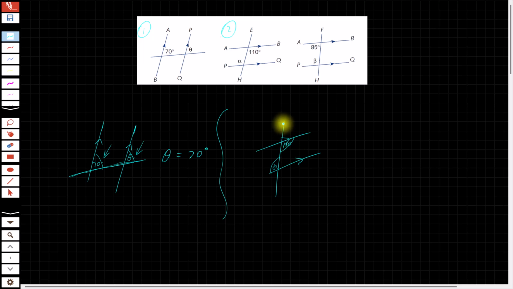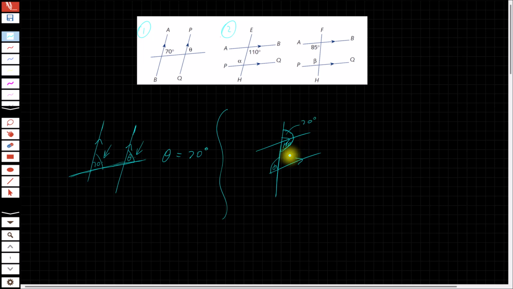We know that this is a straight line here. So if this is 110 degrees, going all the way around onto itself, that's 180 degrees in total. So 180 take 110 is 70 degrees, so that one has to be 70.